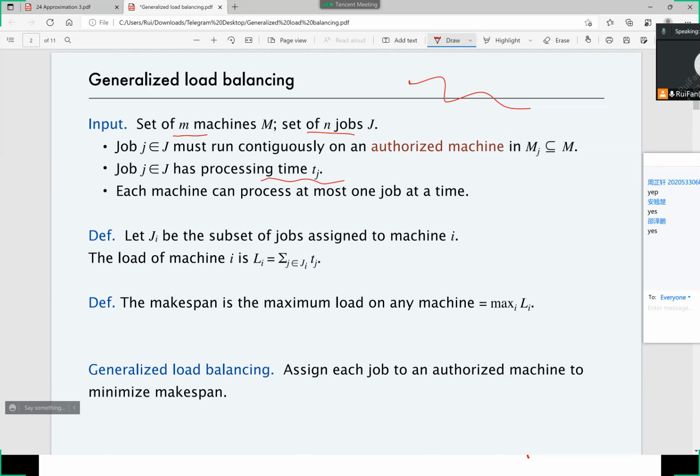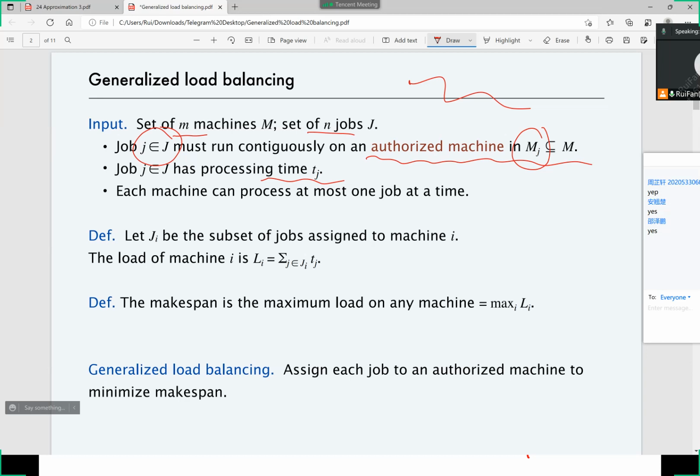So the only difference, the reason we're calling this generalized, is that now you're not allowed to assign any job to any processor. Each job j can only be assigned to specific processors. We're going to have a set Mj for each job j, and you can only assign these jobs to one of the processors in this Mj set.